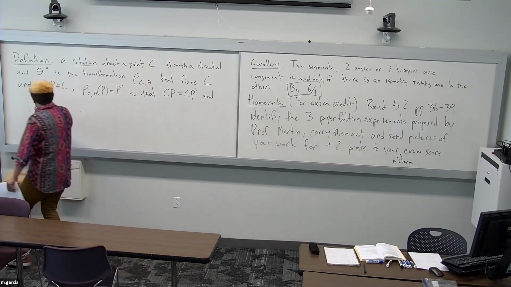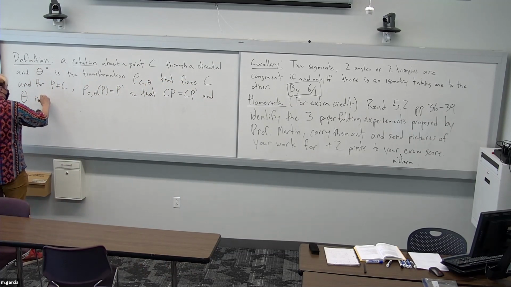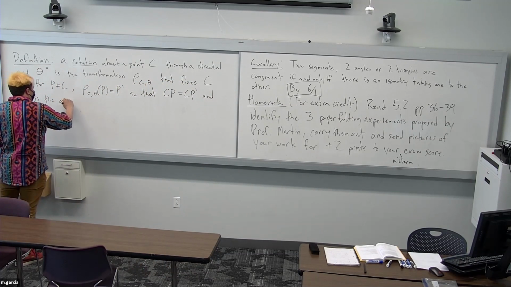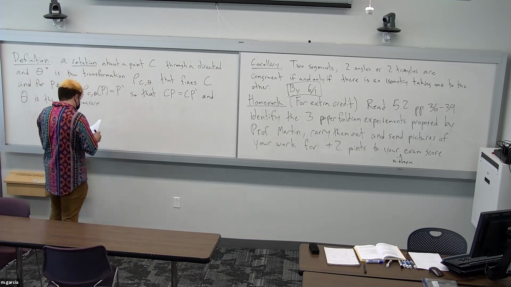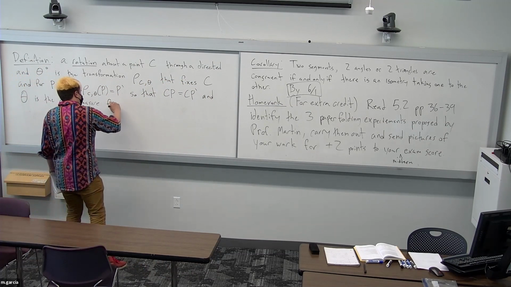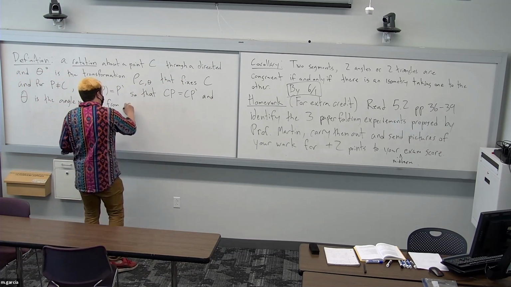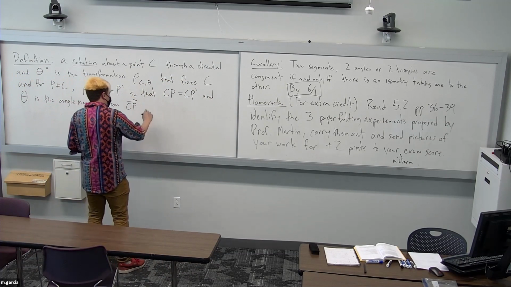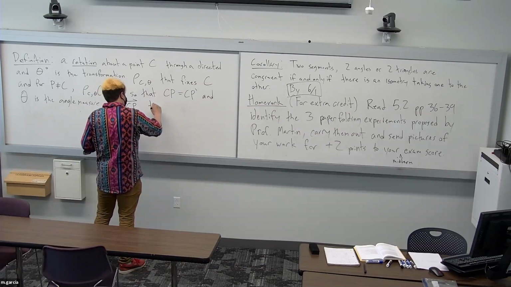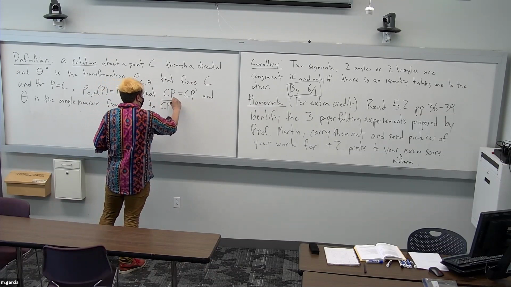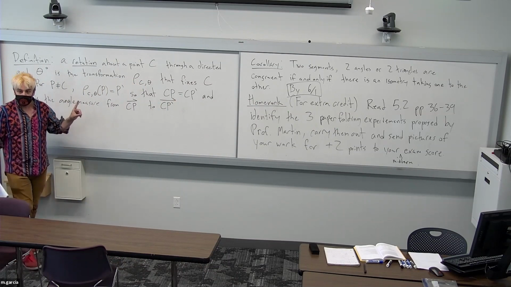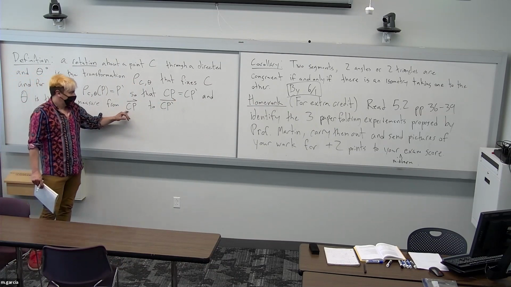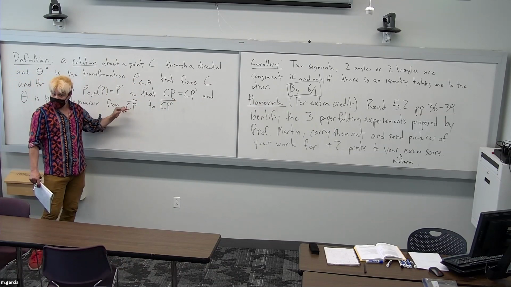And theta is the angle measure from the ray CP to the ray CP prime. Okay, so again, throwing some terminology at you from section 1.2. Right? 2 points specify a ray as well.